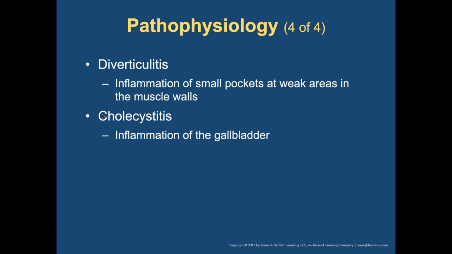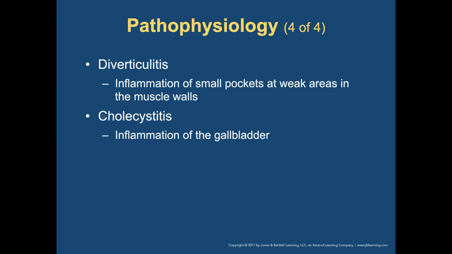Diverticulitis. This is an inflammation in small pockets, weak areas in the muscle wall. So we were talking about the aortic aneurysms earlier. If you were to take that same concept and apply it to your small intestines, that is diverticulitis. It's just weak areas in the muscle walls, and they start to inflame. There's no real pressure, not like the aorta.